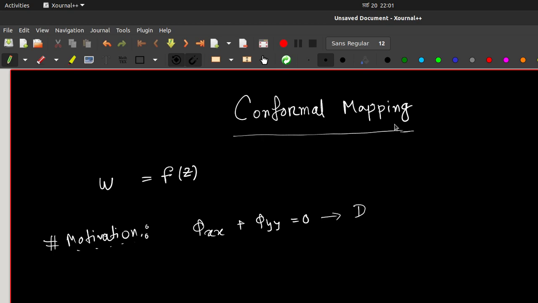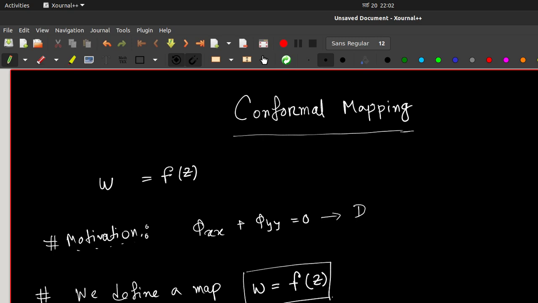So let us first try to look at things in the following way: we define a map that is given by w equals f of z, but we haven't really specified what type of mapping this is.